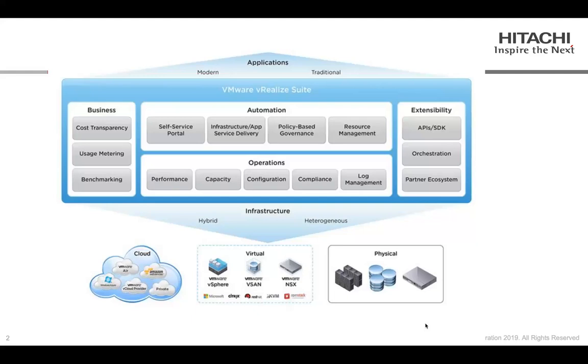So it's not just VMware technologies that it manages. It can actually manage all those other virtualization technologies you see listed there, and it can also connect to other cloud technologies like Amazon, Azure, and even some that may not be listed here.